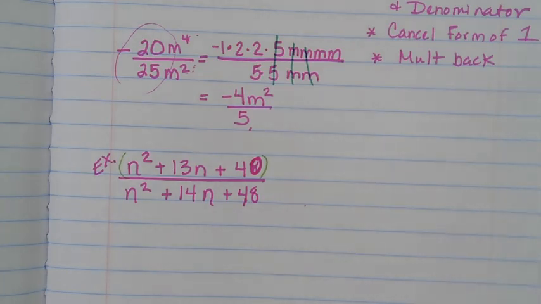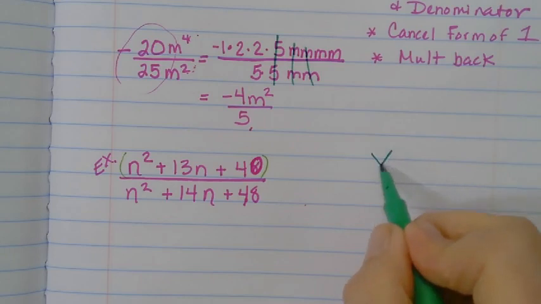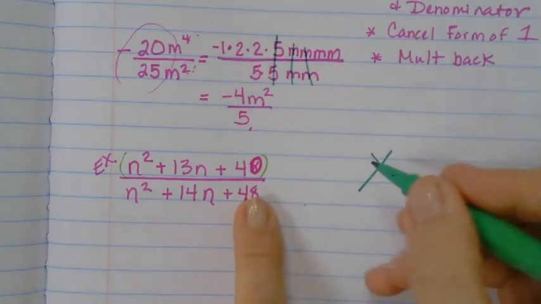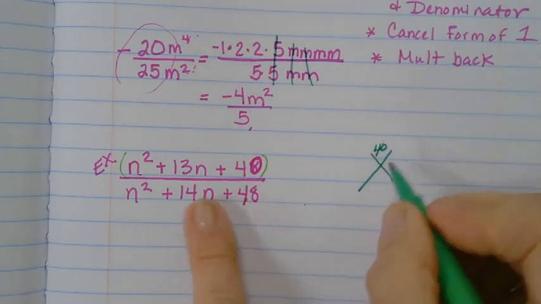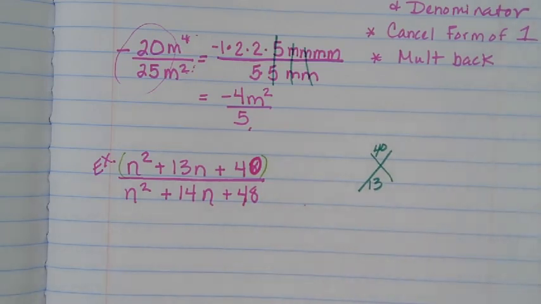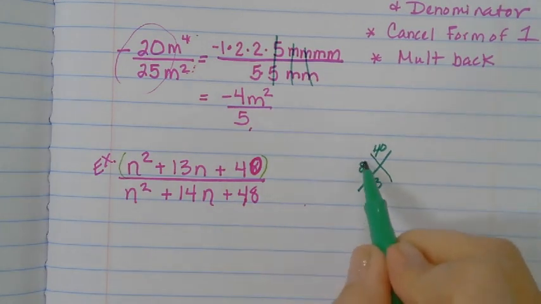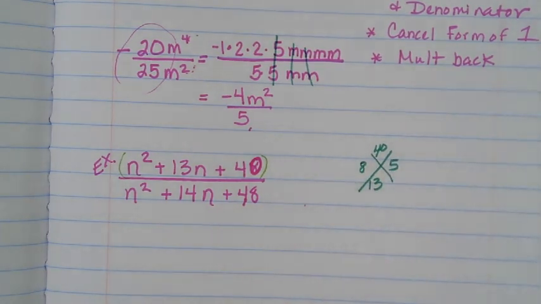So I'm just going to do that off here on the side. So it'd be 40 and 13. What numbers would work for that? 5 and 8. Okay, so do I need to go further, or can I take the shortcut and those are just my numbers?